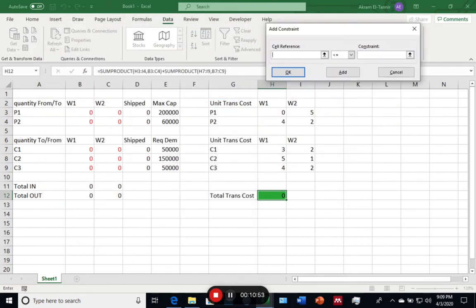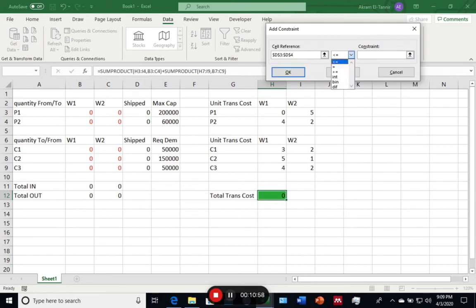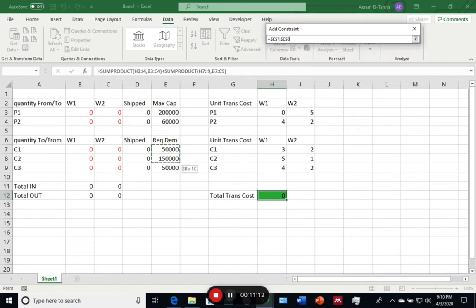The first kind of constraint is that the total quantities shipped should be no more than the corresponding maximum capacities. Another one is that the total quantities shipped to customers should meet the demand, equal to the required demand.